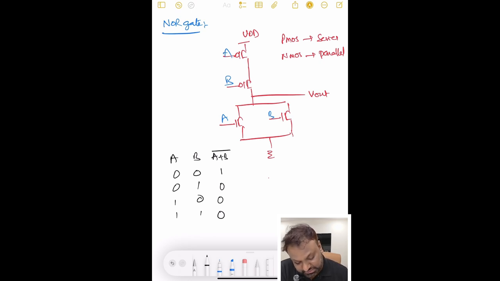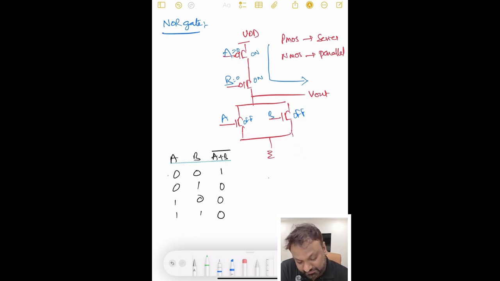When the inputs are 0 0, both transistors are on. If A is equal to 0, B is equal to 0, both PMOS transistors are on, and the NMOS will be off, right. Hence my VDD will be flowing to V out, because these are open circuited. Now even if one of the inputs is 1, then my NMOS transistor will be on here, right.